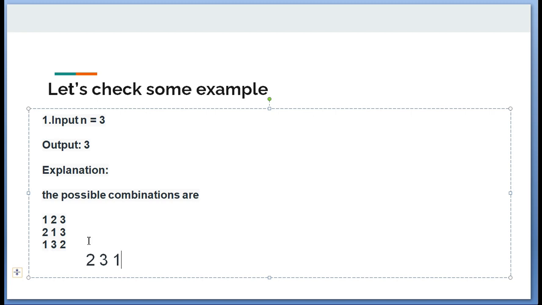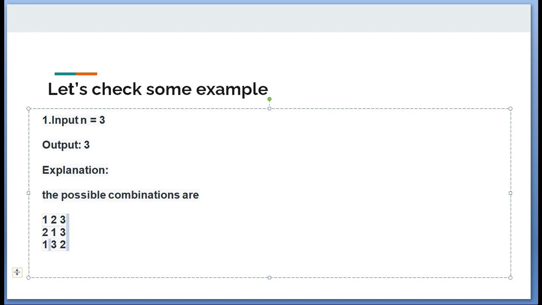This is also not valid: 2 at the first position is fine, 3 at the second position is fine, but 1 at the third position is not fine. So with 3 we can make a total of 6 combinations, but only these 3 are valid.